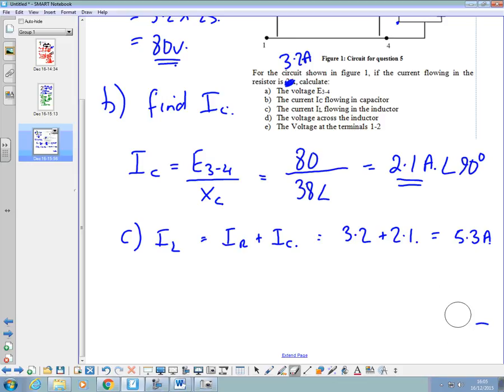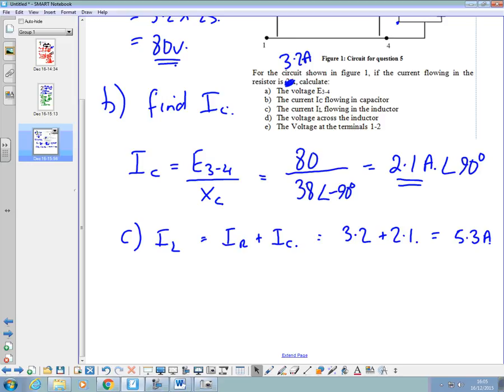We're correct. So you've got 38 ohms at angle minus 90, and the current has a positive 90 degrees there.